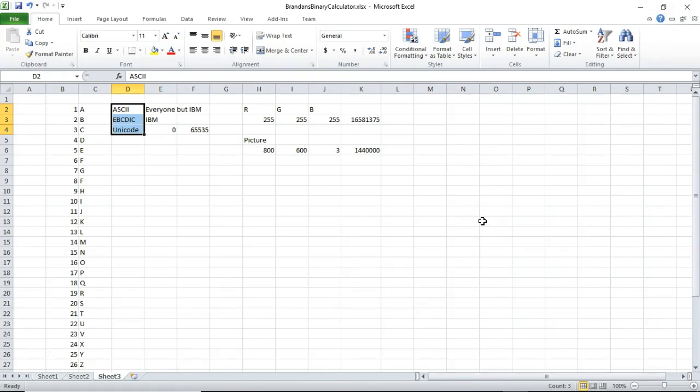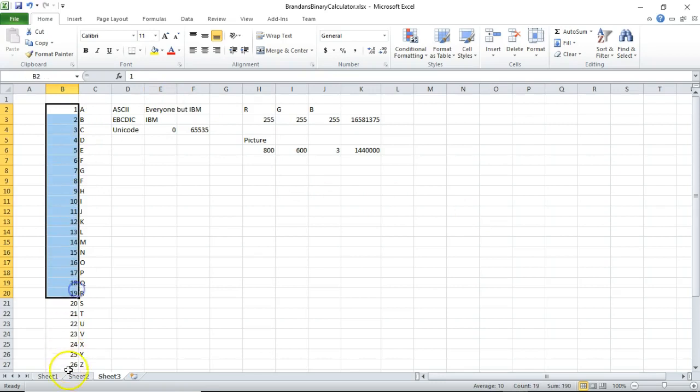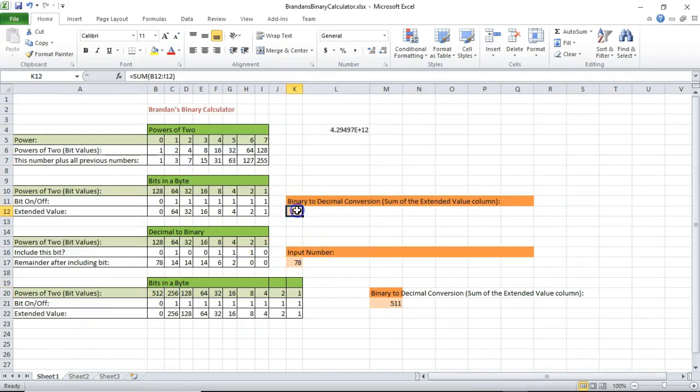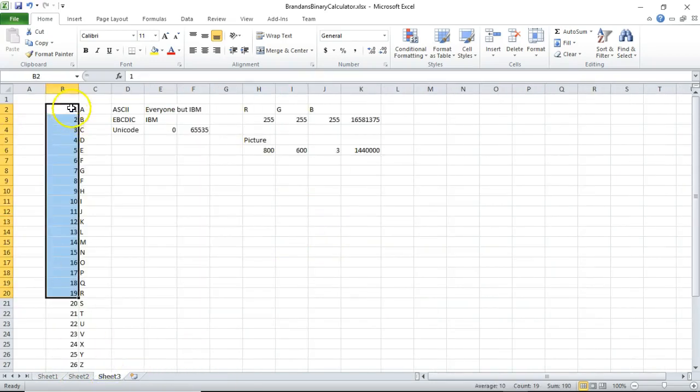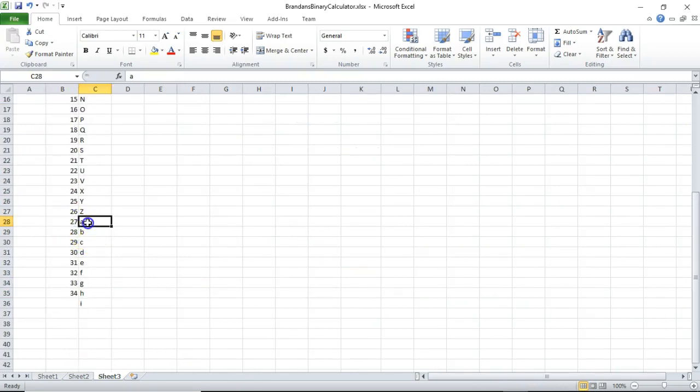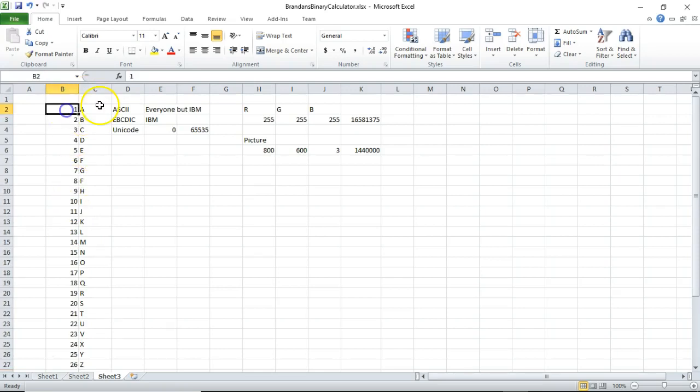Now, by character encoding, what do I mean? What I mean is we take a number, maybe a number that we got from our binary to decimal calculation here, and we have some map that goes from number to letter. So number to uppercase letter, number to lowercase letter.